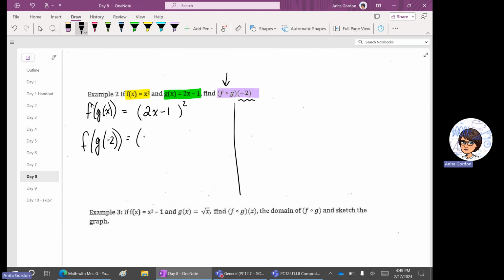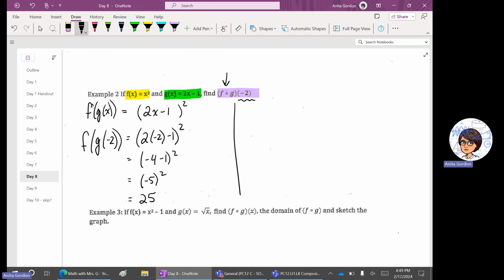And you can say 2 times negative 2 minus 1 all squared, and then you sort it out. So this is negative 4 minus 1 all squared. This is negative 5 all squared, so this is 25.